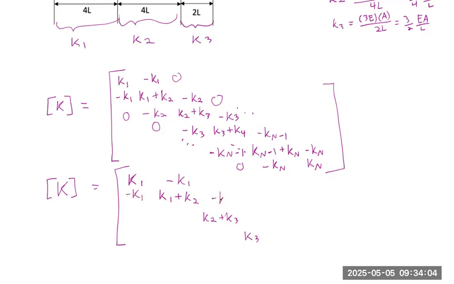This here is negative K2, negative K2, and negative K3, negative K3. And then these other entries over here are zeros.